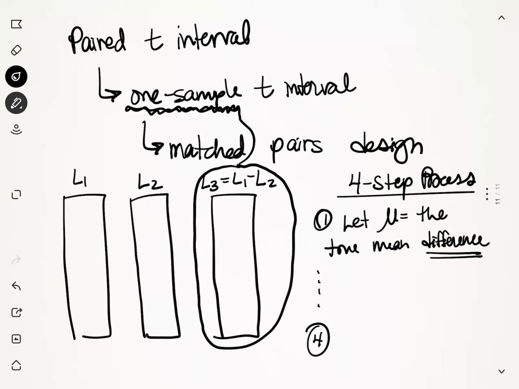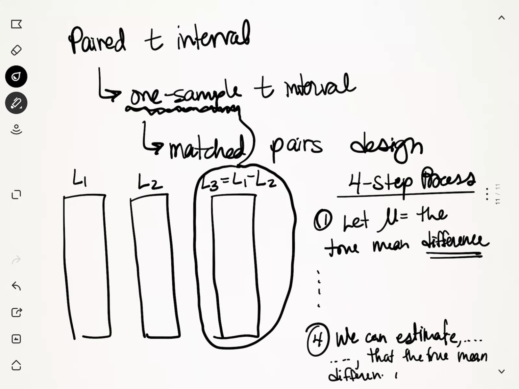So we want to say we can estimate, with, say, 95% confidence, that the true mean difference in, whatever, placebo minus caffeine, or whatever you're talking about, okay?